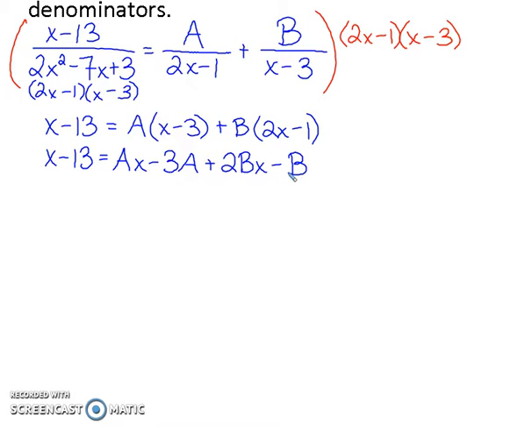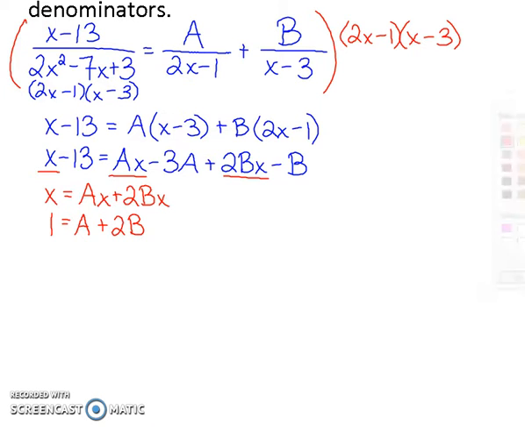But if I focus on just the x terms, what that tells me is that in order to get one x on the left, the Ax and the 2Bx would have to combine in some way to give me that 1x. Or, now that all the terms have an x in them, 1 equals A plus 2B. As long as A plus 2B gives me a value of 1, then I would get that x for the x minus 13. Now, let me change my color.